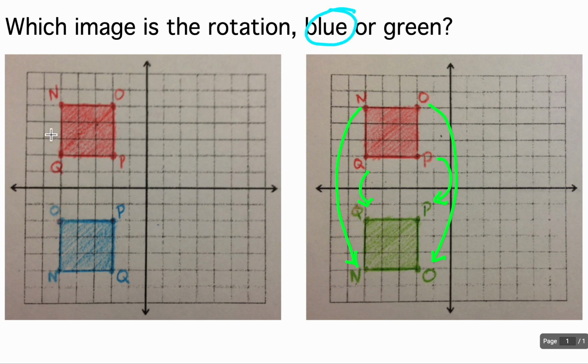And I can see that because it looked like a Q here at first, but then when I went down to the N, I was thinking maybe reflection, but I can see that that Q now gets rotated over to the Q over here. So this is Q prime.